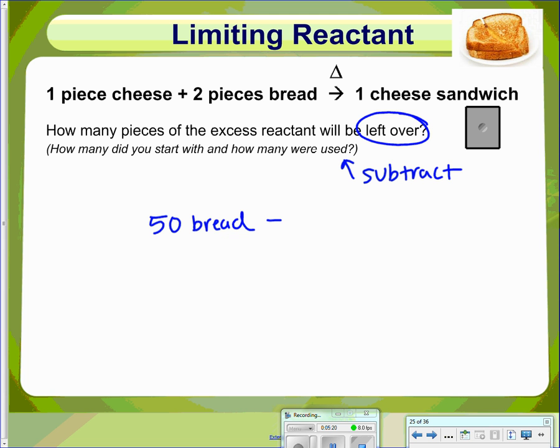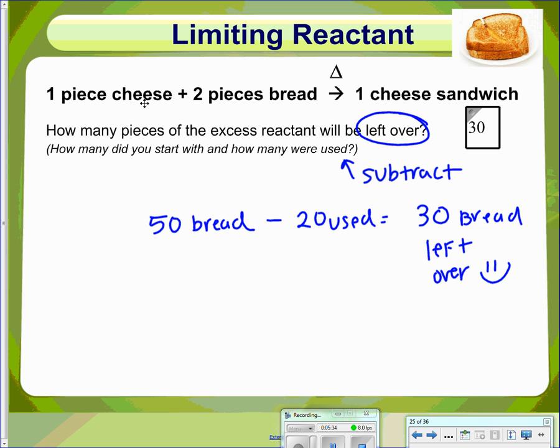I'm going to subtract how much we used, which was 20. So I end up with 30 pieces of bread that is left over. Okay, so simple subtraction will do that last part. So this is the analogy using a grilled cheese sandwich.